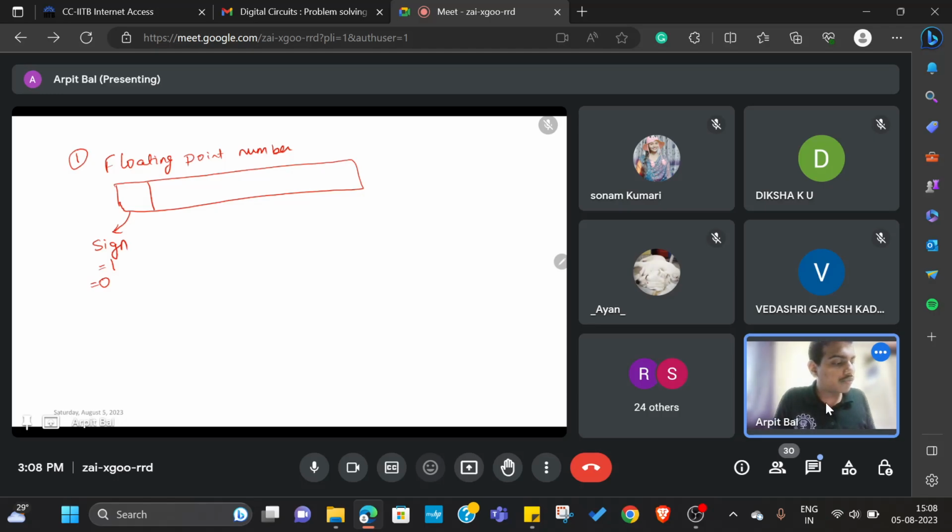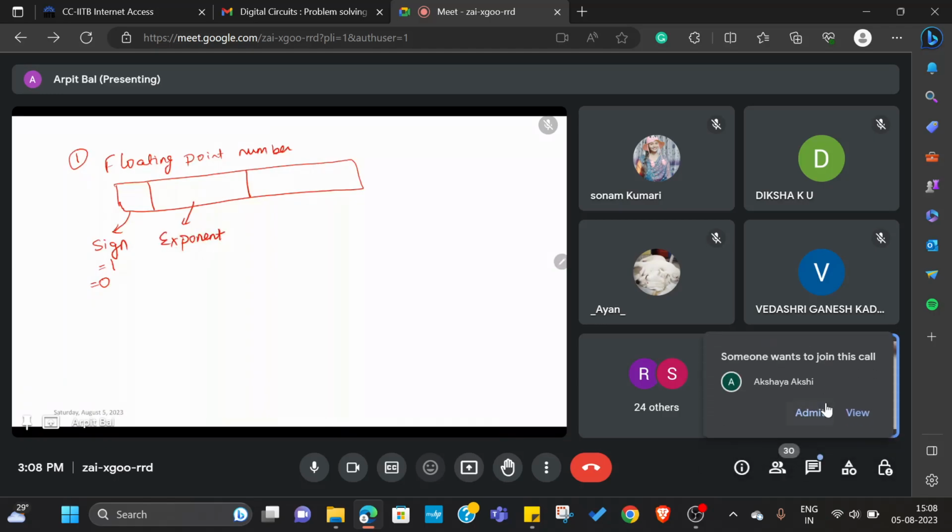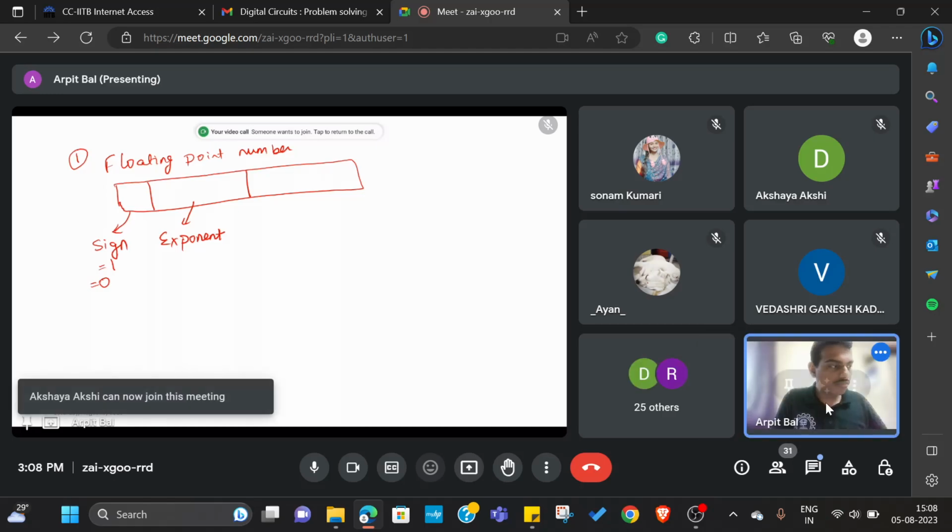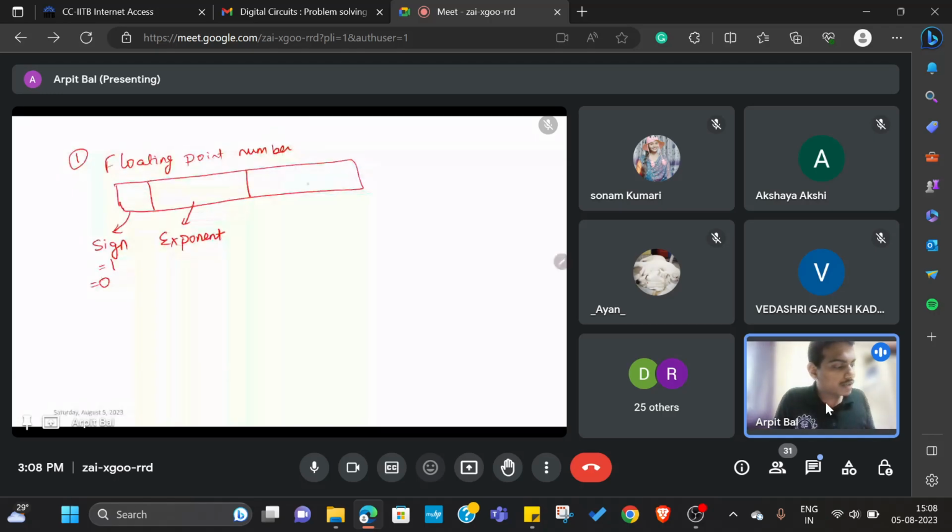Then we have a field called the exponent. The exponent indicates the power of 2 by which the significand is multiplied. The next field is the significand.